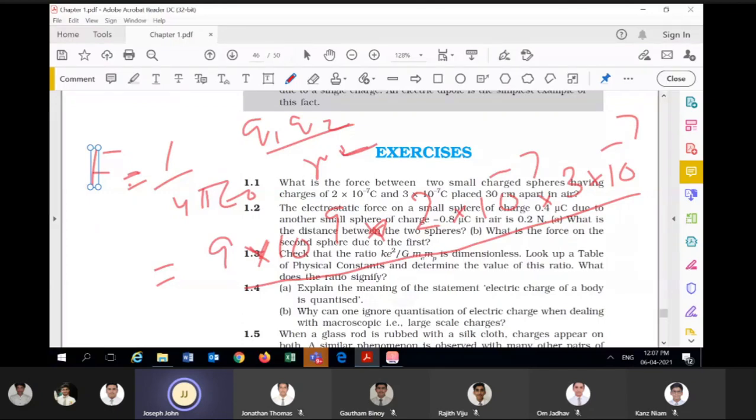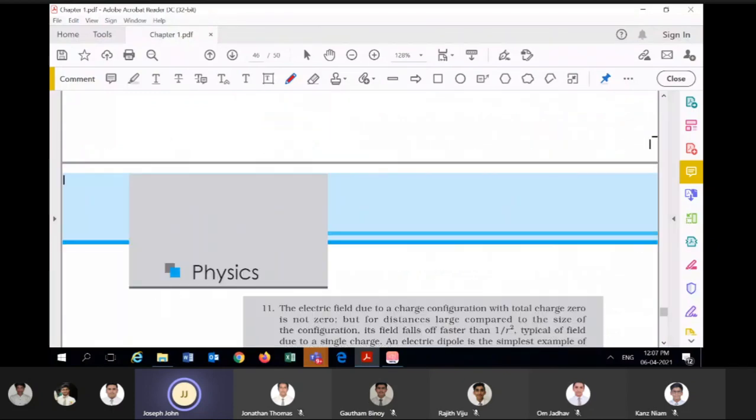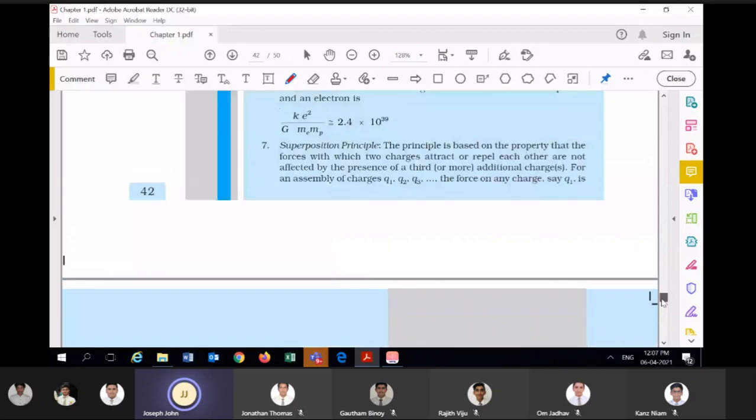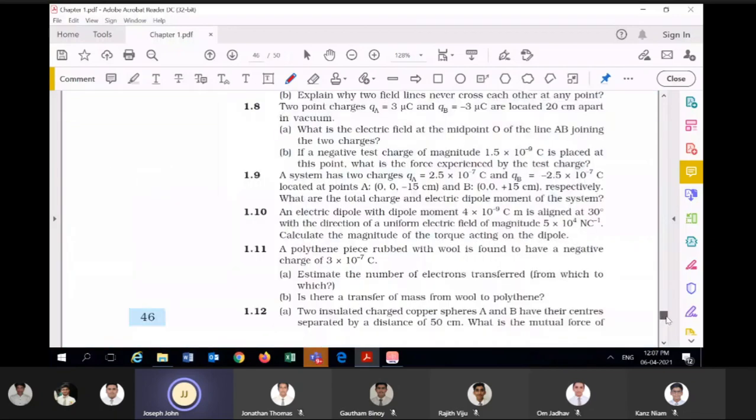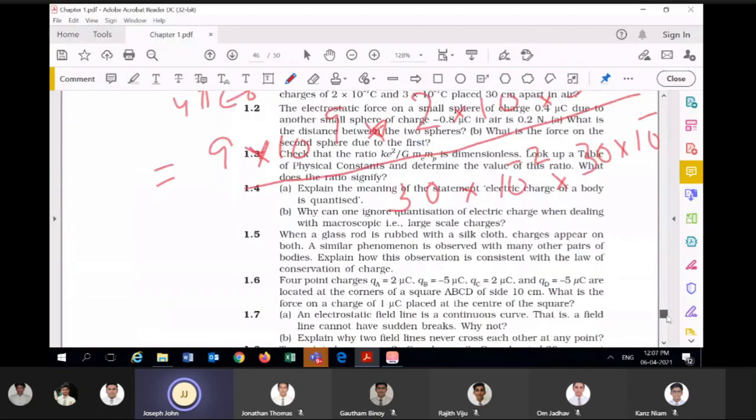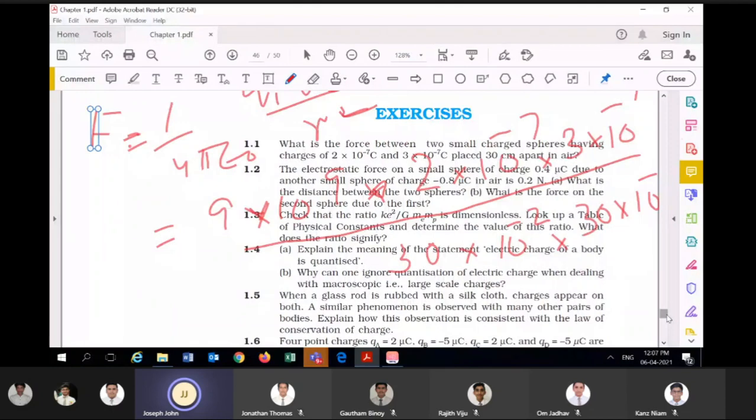13 to 10 raised to minus 2 into 13 to 10 raised to what? Minus 2. The whole square, I put it as 10 raised to minus 2 into minus 2.